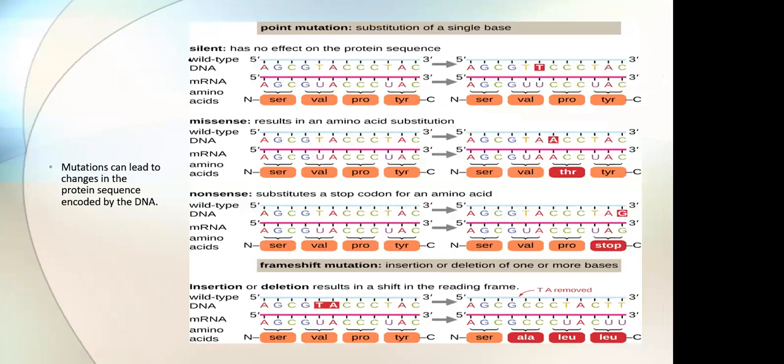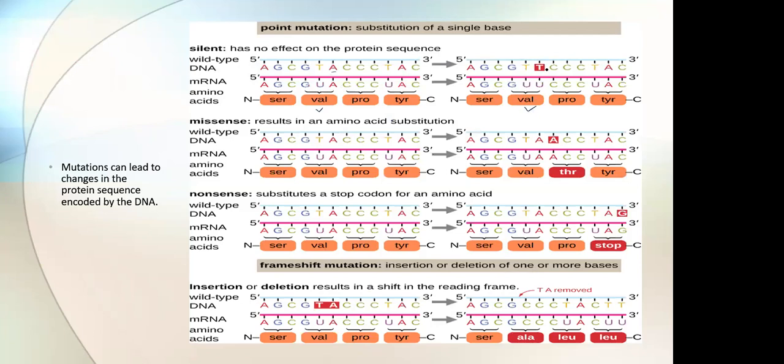So the point mutation, there are different types of point mutation. One is called silent, which has no effect on the protein synthesis. Like I gave you an example over here, let's say the T was supposed to be A. So A got changed into T, but the ultimate product is the same, because for valine we have multiple codons, right?